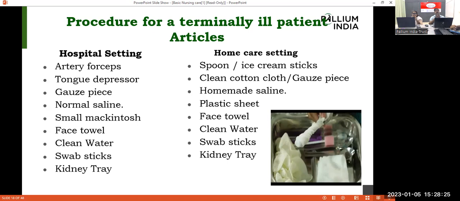So this stick also they can use for cleaning the oral cavity. So using this lollipop-like swab stick, or an already prepared spoon backside with tied cotton or tied gauze piece, that is what we need to use for giving oral care to the patient.